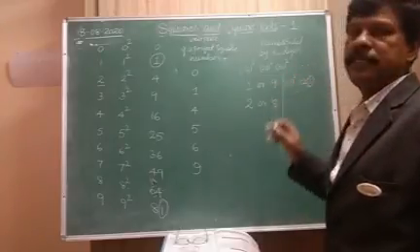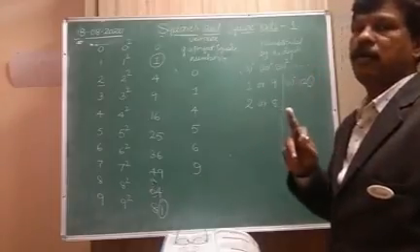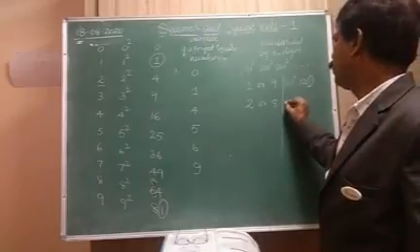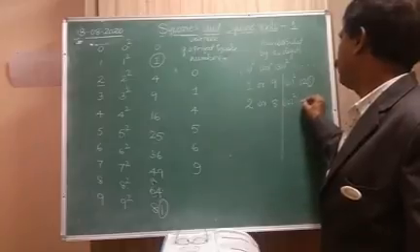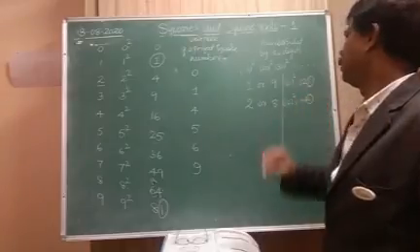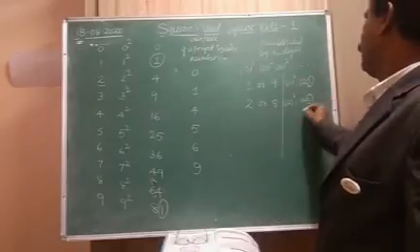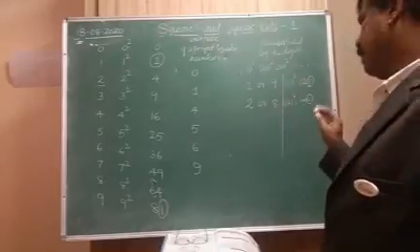Similarly, 19 square is 361, which ends in 1. You can check that one. Similarly, 12 square is 144, unit place ending in 4. Similarly, 18 square, 28 square, 38 square, 48 square, like that.